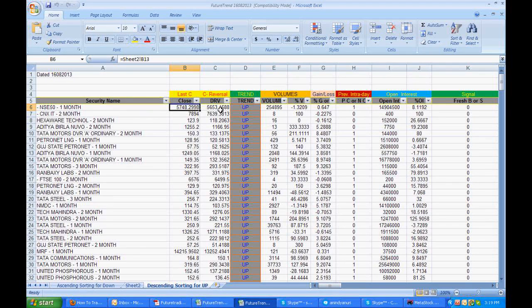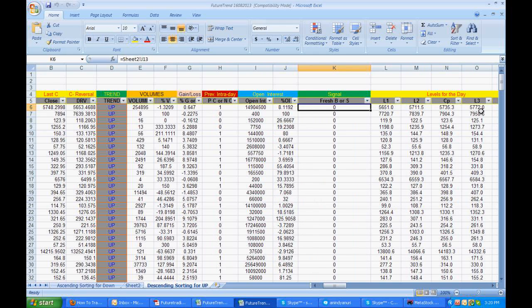If today our trend is up as of yesterday's market and the DRV is at 5653, and tomorrow the market closes below 5653, then that will be considered a fresh sell signal, because price moved below the DRV. So there will be one number for a fresh signal. Fresh signal buy or sell, B or S. B is for buy, S is for sell.